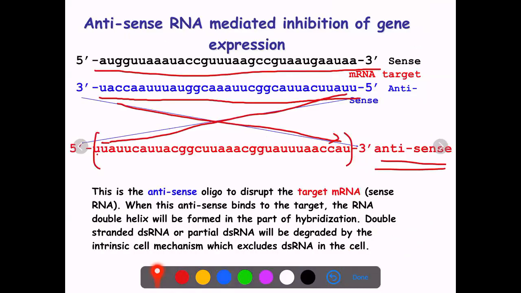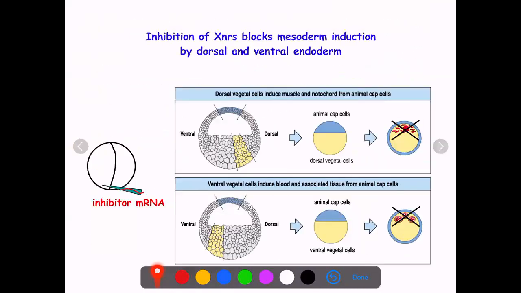Okay, so we talked about it. So in XNR, it passes all these 4 criteria. The last one was the functional blocking. So in this experiment, we have seen before, isn't it? They try to find out the number 1 and number 2 signal.